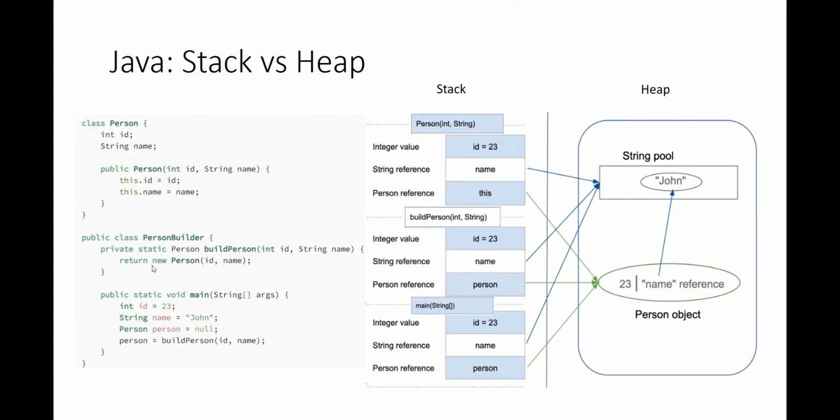Which is pointed to by this person. And then once we come out of the scope of this build person and return to our main function, the build person stack memory is also destroyed, which means this arrow and this green arrow are destroyed.